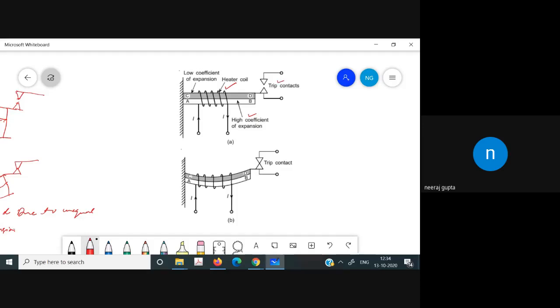These are the trip contacts, and when the current flows through it, heat is produced, this metal expands more, and as a result the contacts are tripped out. We have two strips, AB and CD, and both strips get heated by the same amount. However, they get deformed by different amounts.